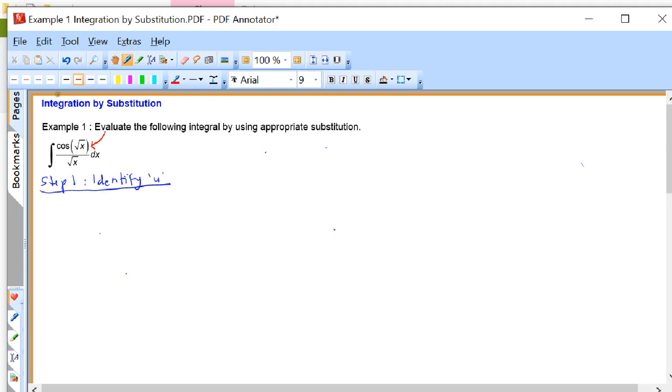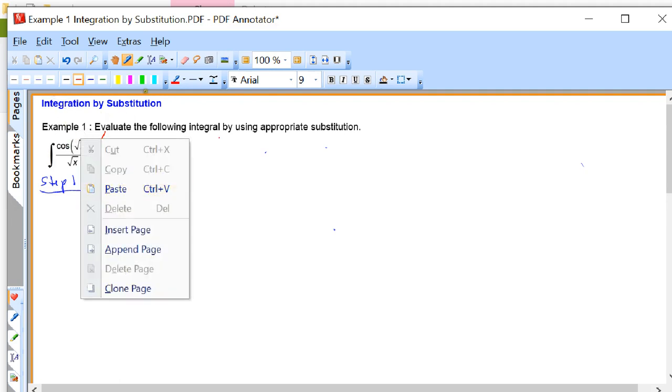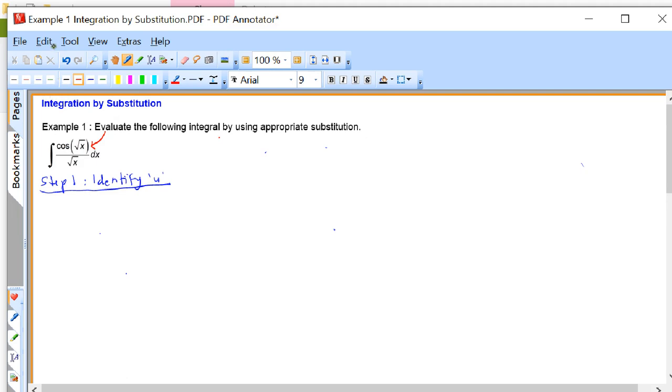So in this case, we can see that the square root of x here would be the u. So we let u equal square root of x.